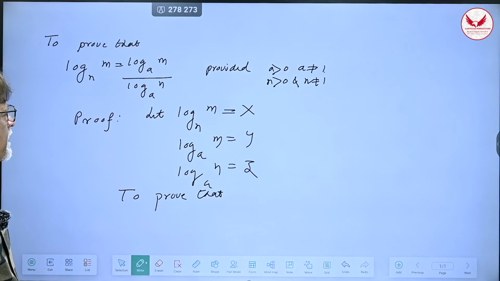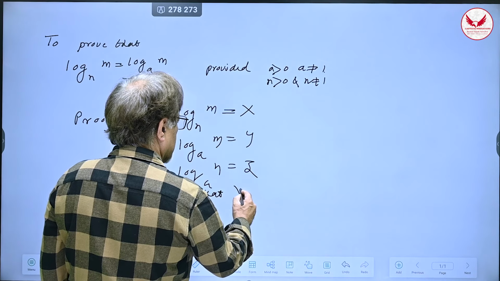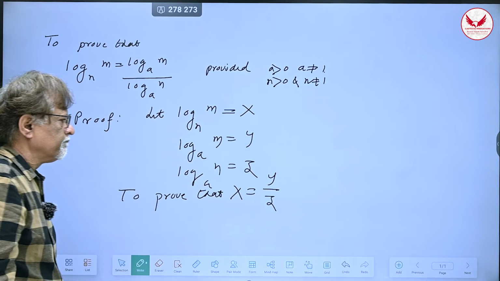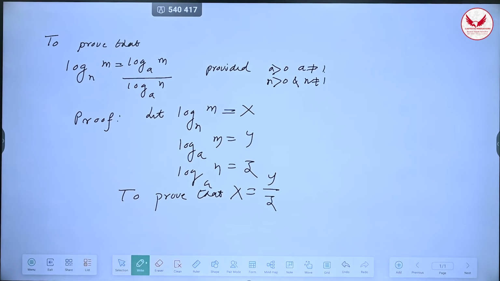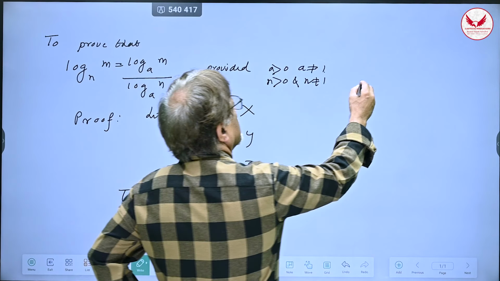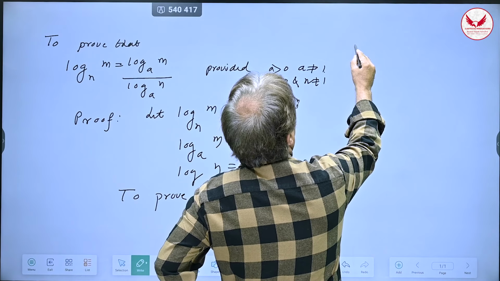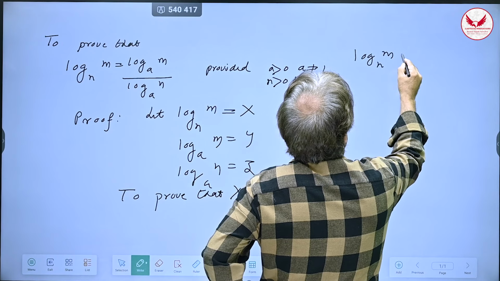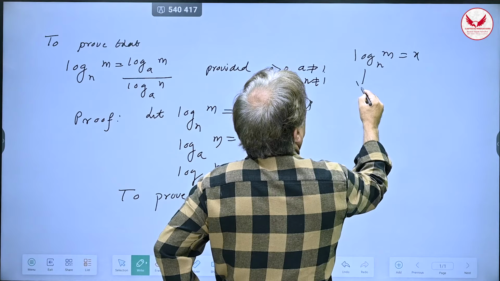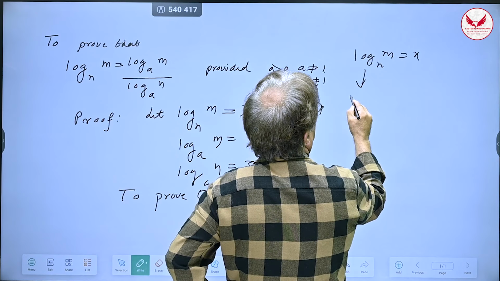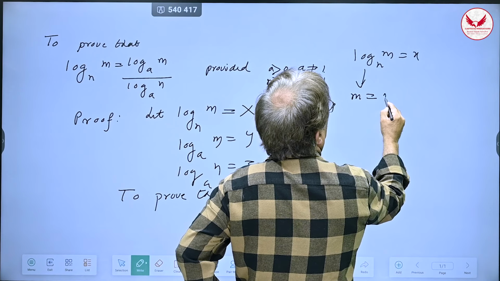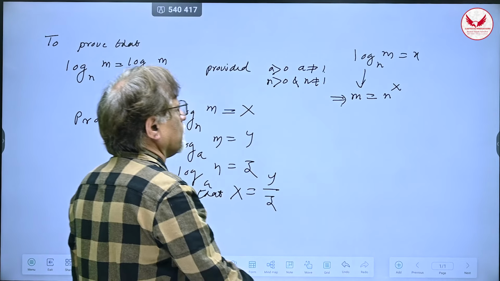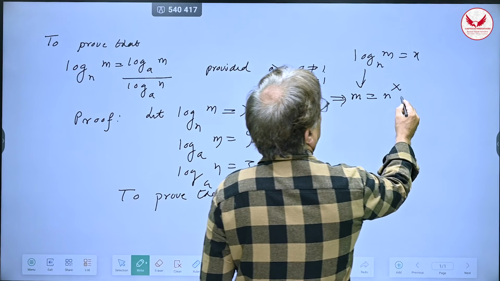I want to prove that x is equal to y upon z. This is exactly what I'll prove. How? All I have to do is reverse this notation. So I know that log of m to the base n is x can be transformed into exponential notation like this: m is equal to n raised to x. Statement number 1.